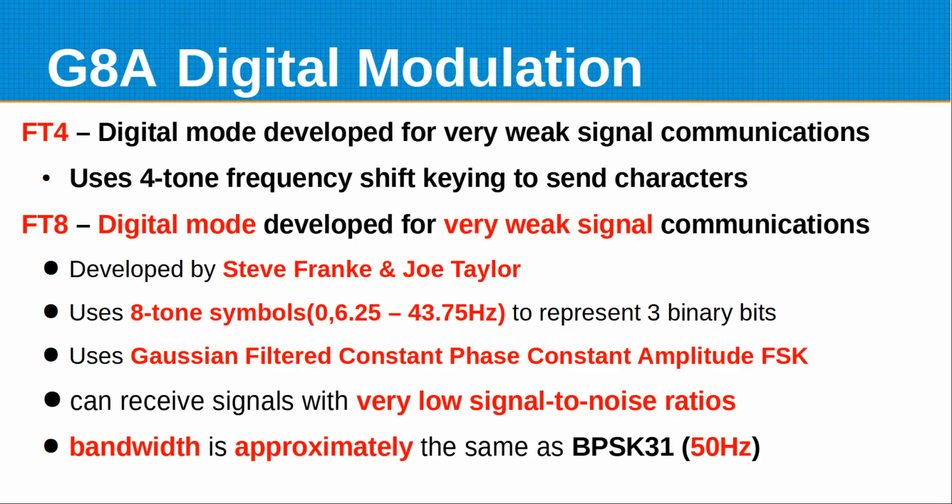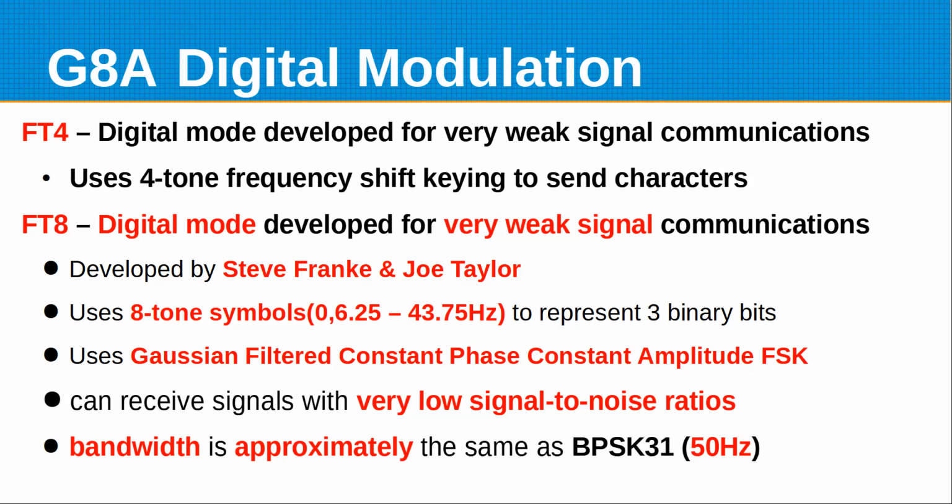It uses 8 symbols that are 6.25 hertz each, and they go all the way from 0 to 43.75 hertz. So it represents 3 binary bits. Each symbol that you send is sending 3 bits of digital information.